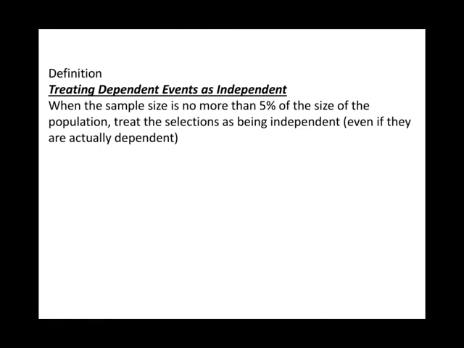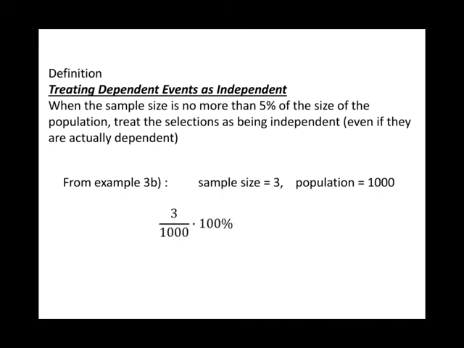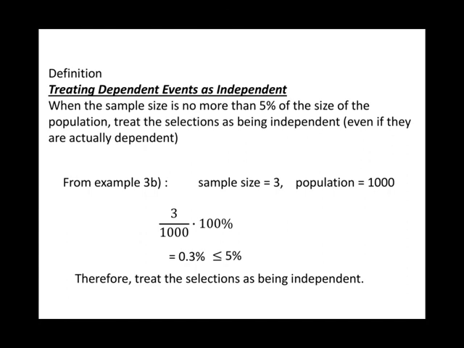So first, we're going to check on it. We use the sample size divided by the population times 100%. So you're going to see that's 0.3%. 0.3% is less than or equal to 5%, so we can apply this definition. We're going to treat the selection as being independent.